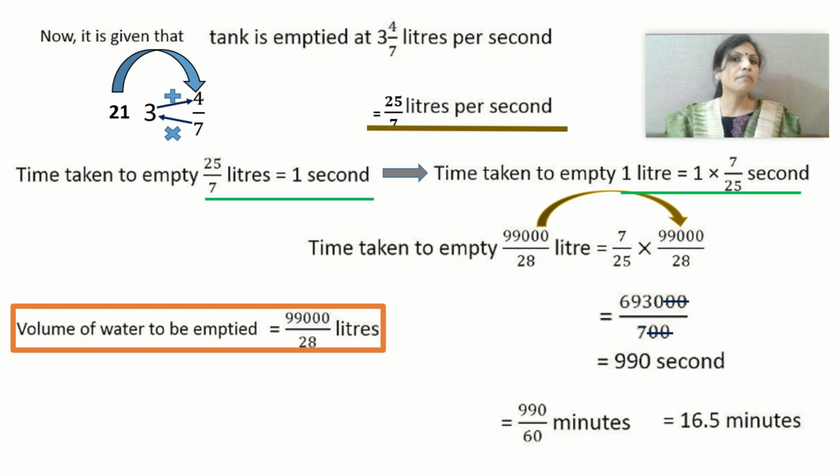We have solved most of the sums from the chapter, and I have a suggestion: please start from the first video lesson itself, and once you see the sum on the screen, try to solve it on your own.